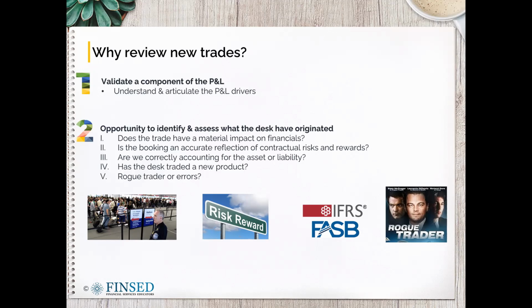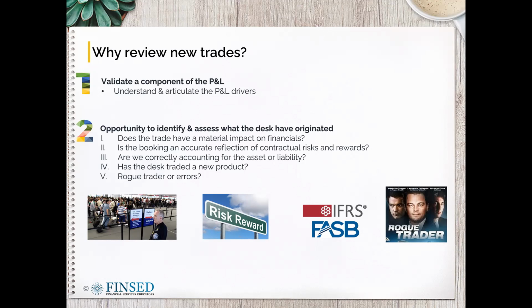So some of the things that we're looking for is, does the trade have a material impact on the financials? So we're going to look at thresholds in a second to understand which trades we need to review from a financial point of view. Number two, we want to make sure that what's been booked into the risk management system is an accurate reflection of the contractual risks and rewards which the desks have exposed the bank to.